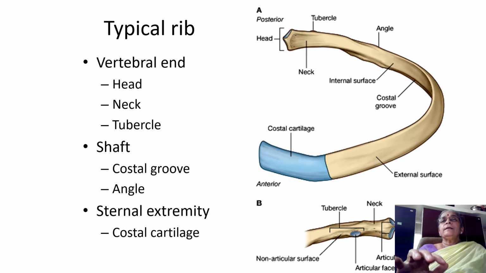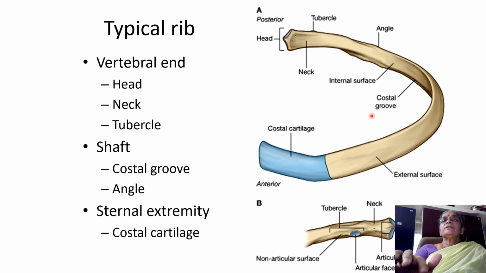Now let us see the typical rib. It has the posterior or vertebral end, and the anterior or sternal end which joins with the costal cartilage. At the vertebral end the parts are the head, neck and tubercle. The sternal end has a depression for the costal cartilage attachment, and you are seeing the shaft with its external and internal surface.